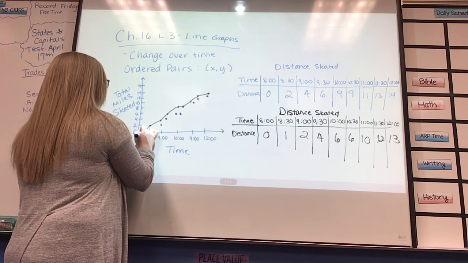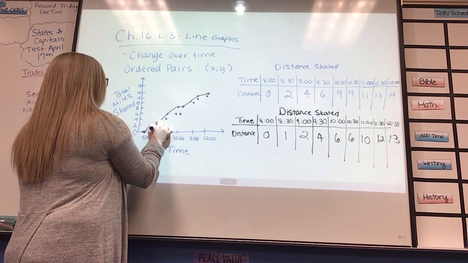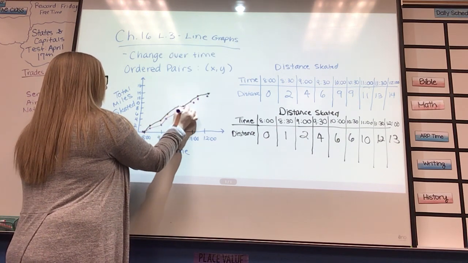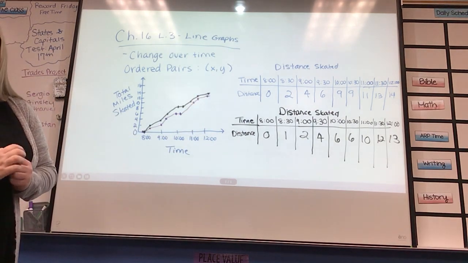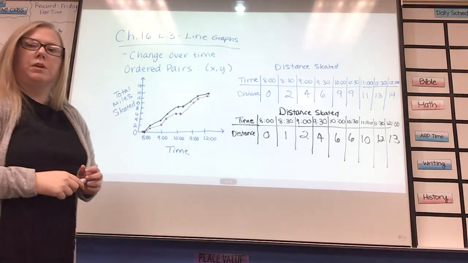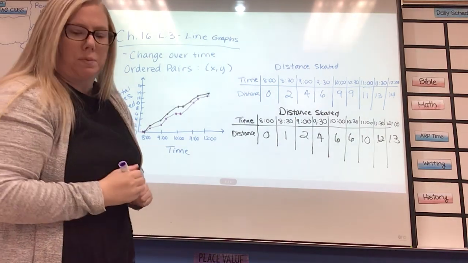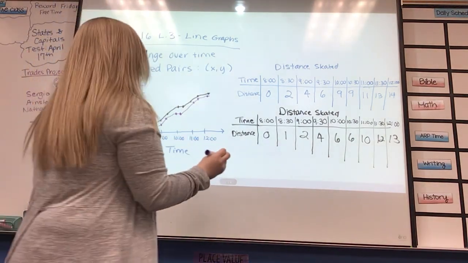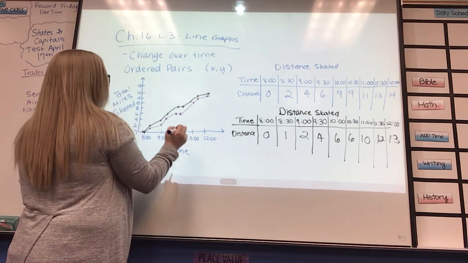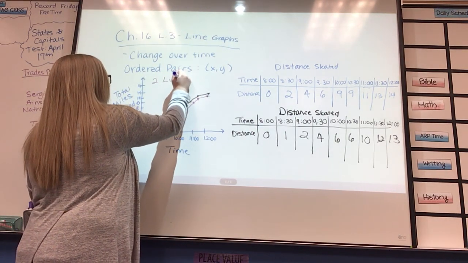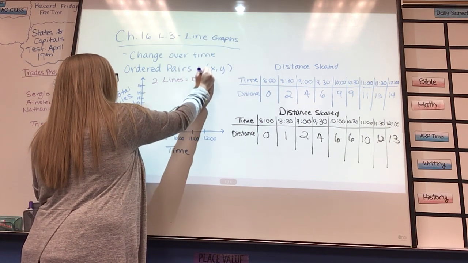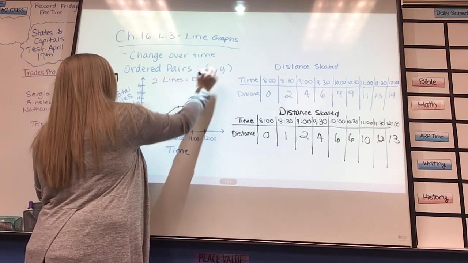Okay, and same thing, I'm going to connect. Okay, so now I have 2. And that is what we call a double line graph. Okay, so 2 lines equals double line graph.